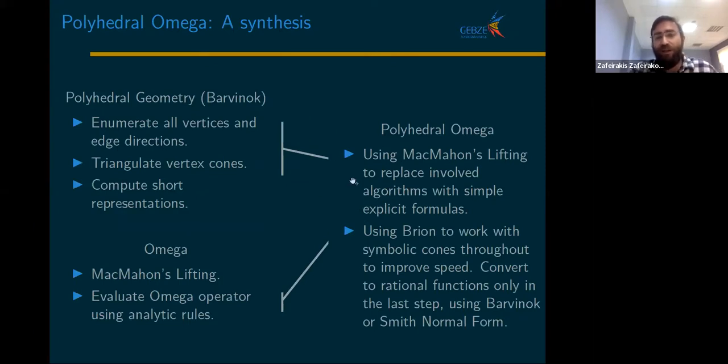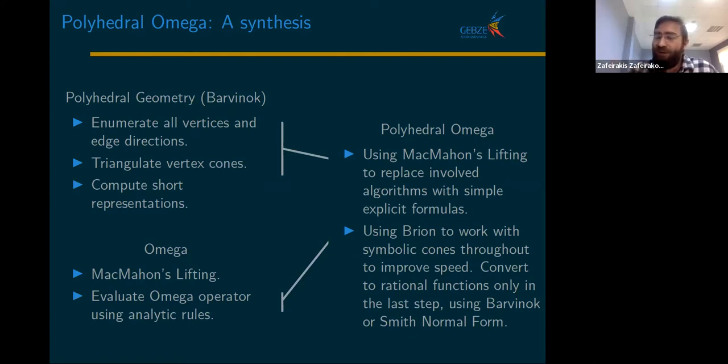So, as a summary of the algorithm, we took elements from polyhedral geometry and from the partition analysis side. On the geometric side, to enumerate all the vertices and edge directions and to triangulate the vertex cones is computationally hard. But we don't need to do all this just by using the MacMahon lifting, these new variables.